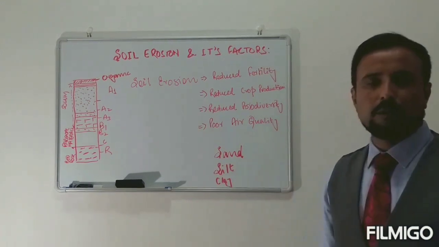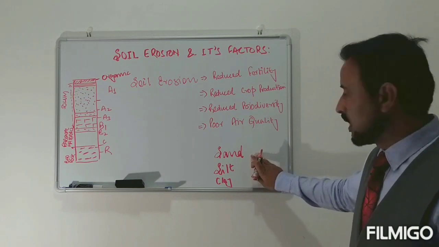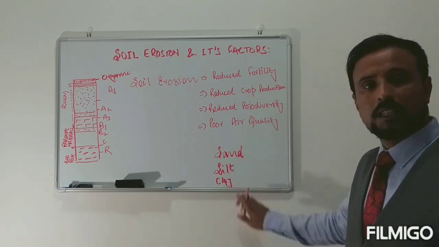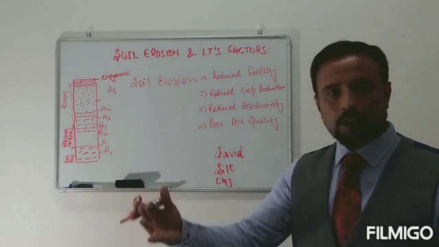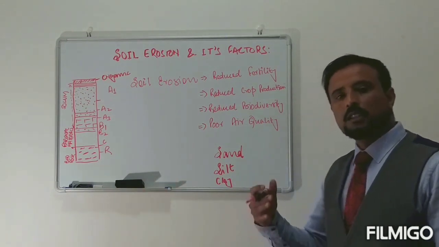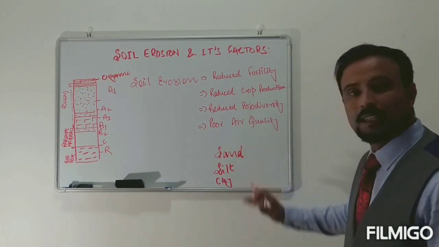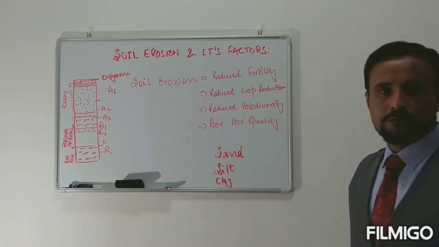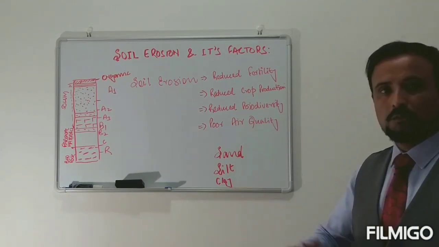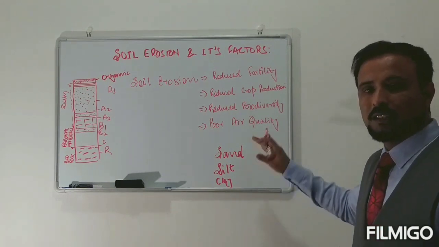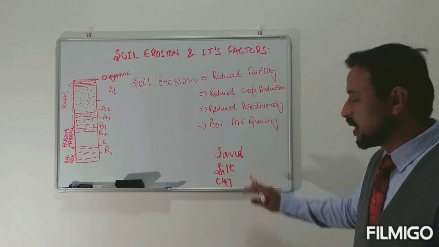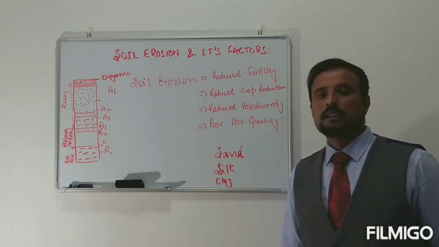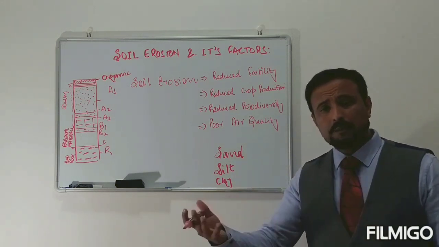Depending upon the size of particles, sand is the biggest particle, then silt particles, then clay particles. If you take the profile of different soils, you will find different amounts of sand, silt, and clay in them. Like in productive soils, clay and silt percentage is more, and sand percentage is less. And depending upon the quantity of each of them in a particular soil, a soil can be characterized.